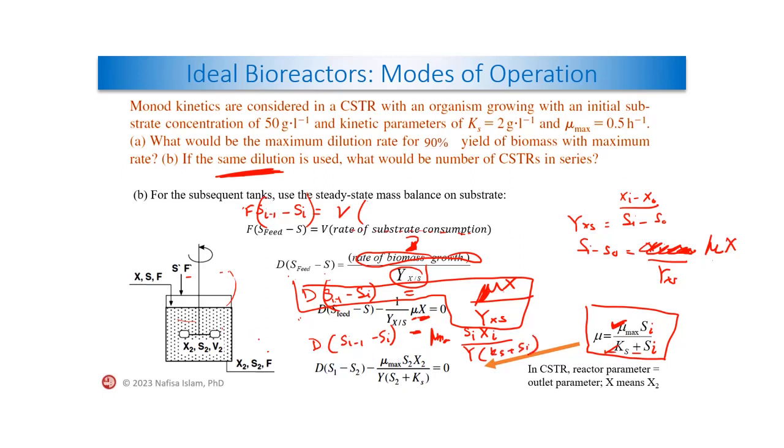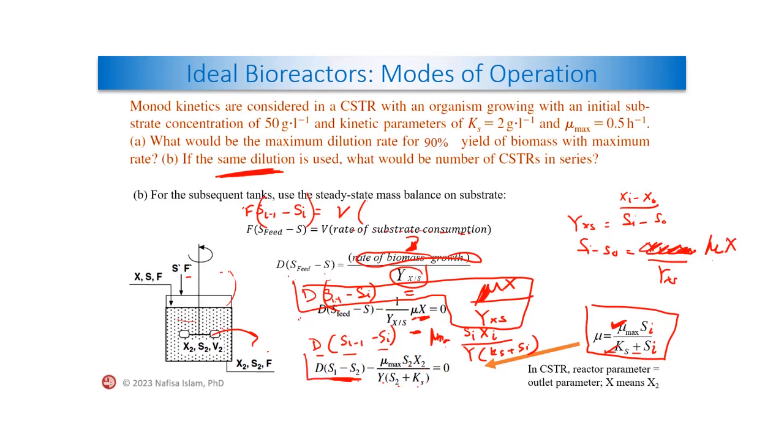And now if you put it in like 1 or 2, both of it will work. I am putting it in the CSTR2, so it becomes D S1 minus S2 minus mu max S2 X2 over Y times Ks plus S2.